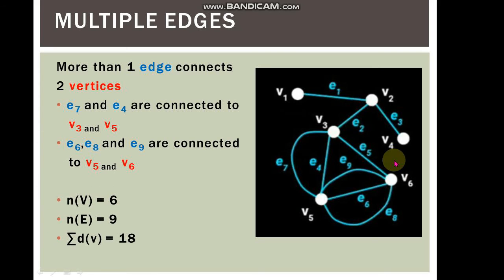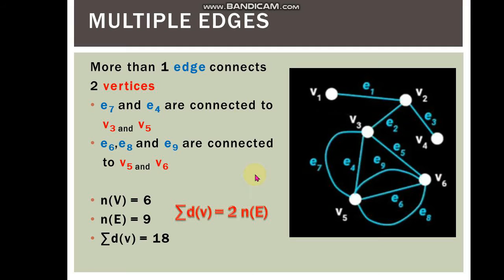So the number of vertices equal to 6 for this graph and number of edges equal to 9. So for the degree of vertex, we use the formula that we learned, number of edges times 2. So for this graph, the number of edges is 9, so 9 times 2. The answer is 18.